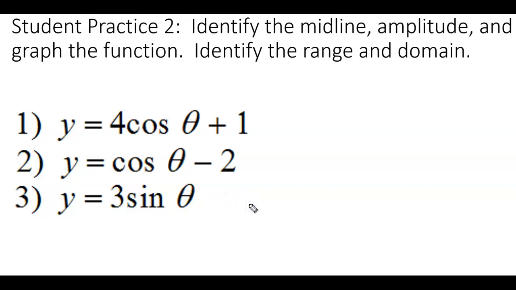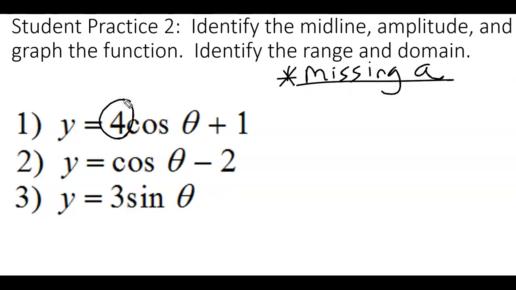Okay. So my special little note that I want to make for you guys is this: what happens if you're missing A? In other words, what if that number in the front isn't there? It would mean that A equals 1, just so you know.